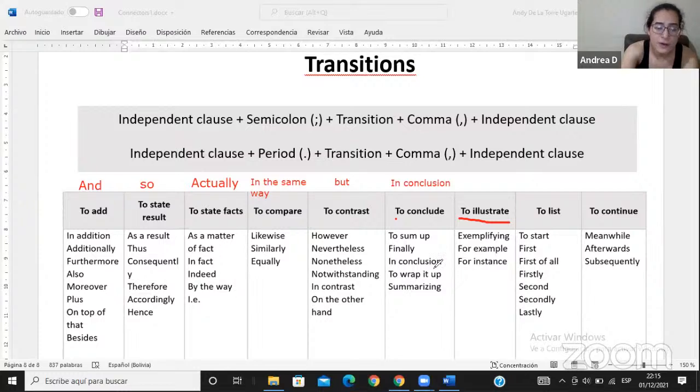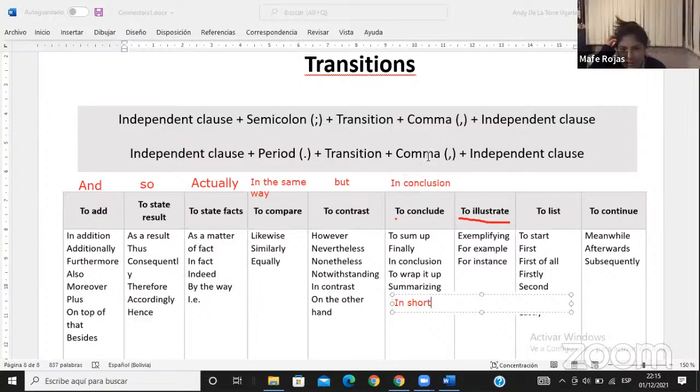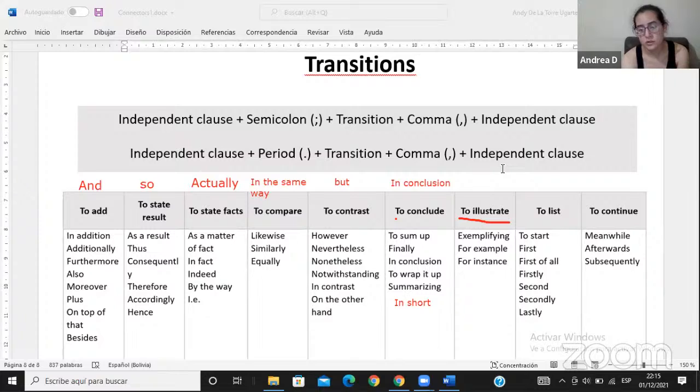So to sum up, conclude, and you can also say in short. Usually the most formal ones would be to sum up, in conclusion, in short. Summarizing doesn't sound so good, honestly. Finally, too, yeah.